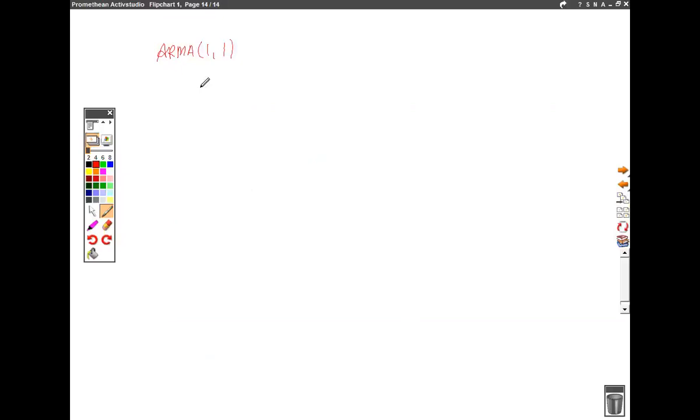So now if you are looking at an ARIMA 1,1 model, you can rewrite your error term as something like Z_t minus alpha 1 Z_(t-1) minus beta 1 e_(t-1), right? So what happens is, you are trying to solve for e_t.